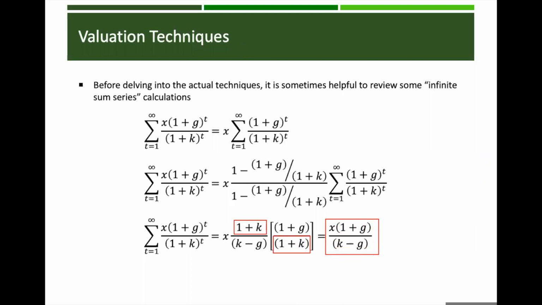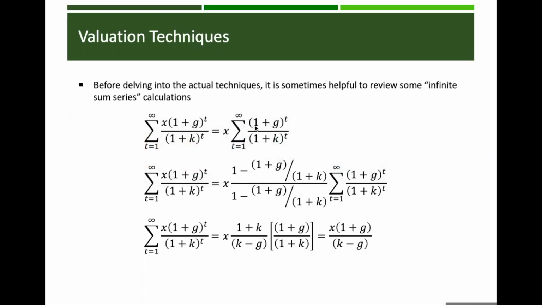And again, this only works if g is less than k. Otherwise, the summation series here does not converge to a value.